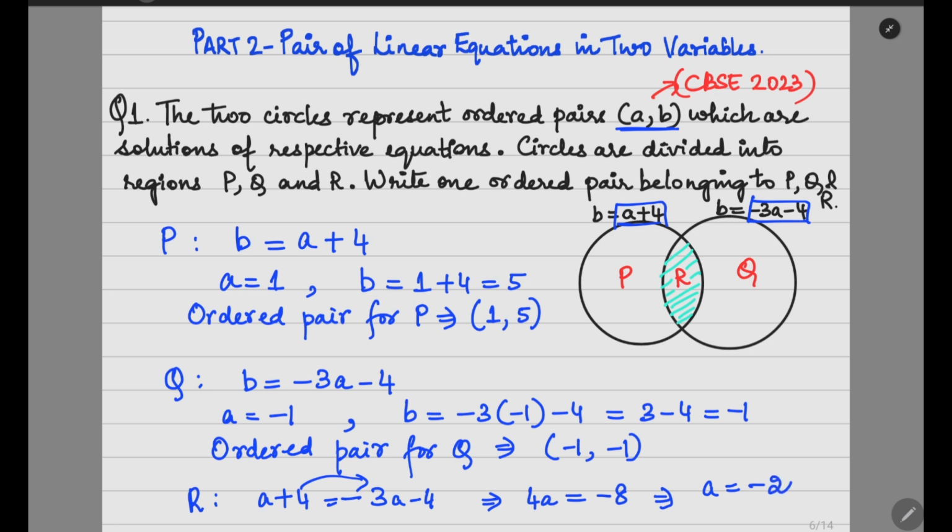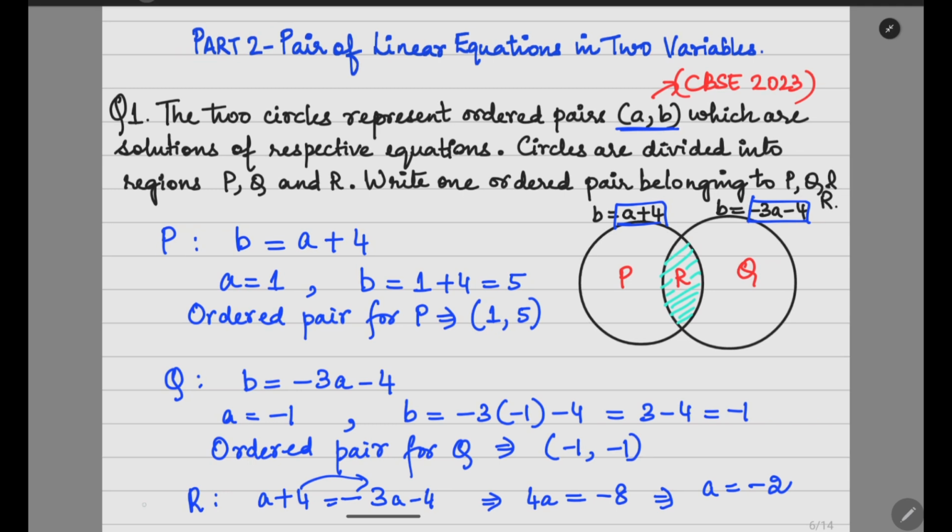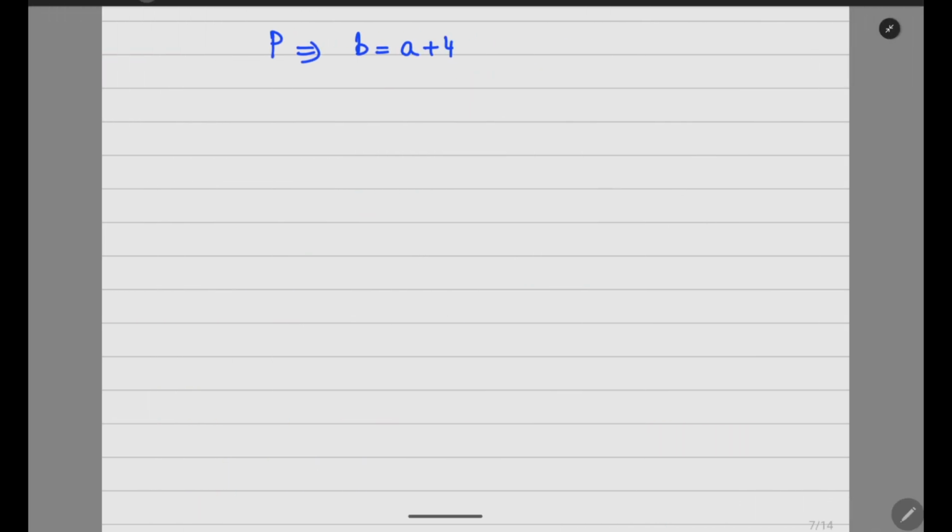Now you can substitute a = -2 in any of the equations. So if you put a = -2 in the P region, I'll write it on the next page. So b = a + 4, according to P. And according to the point of intersection, a is -2.